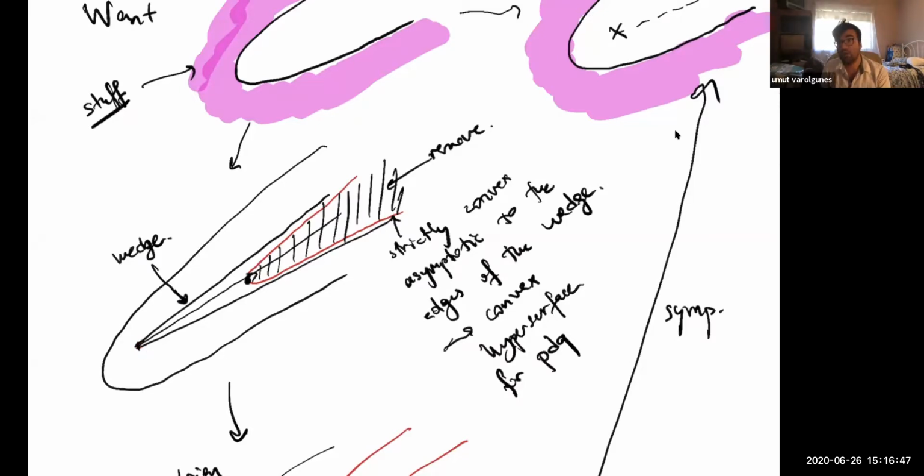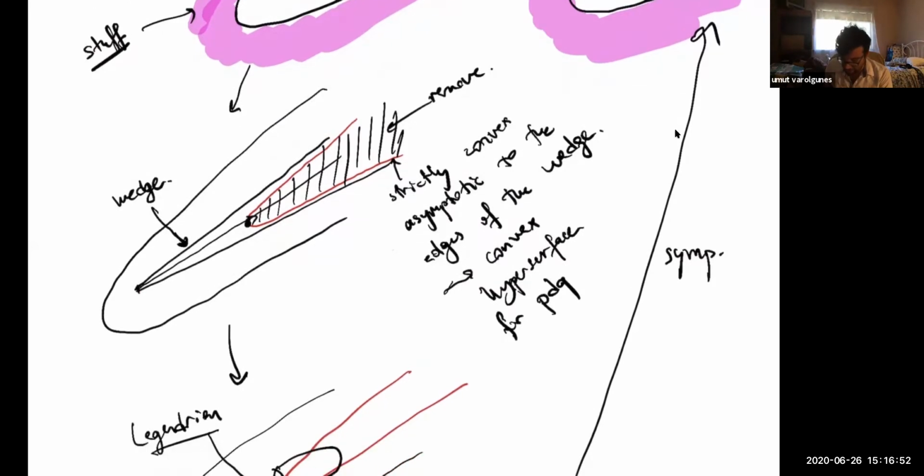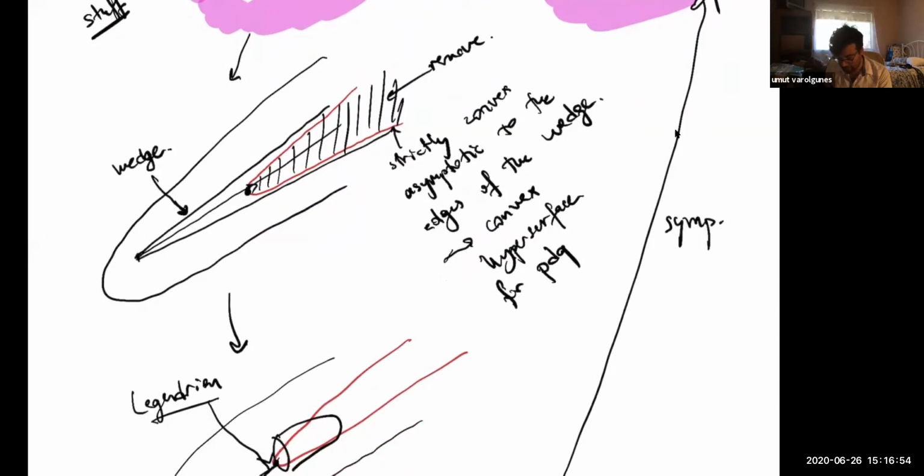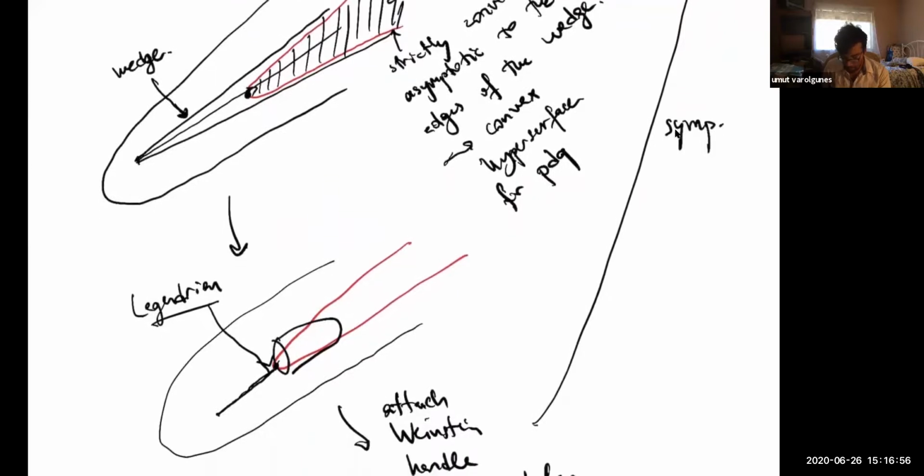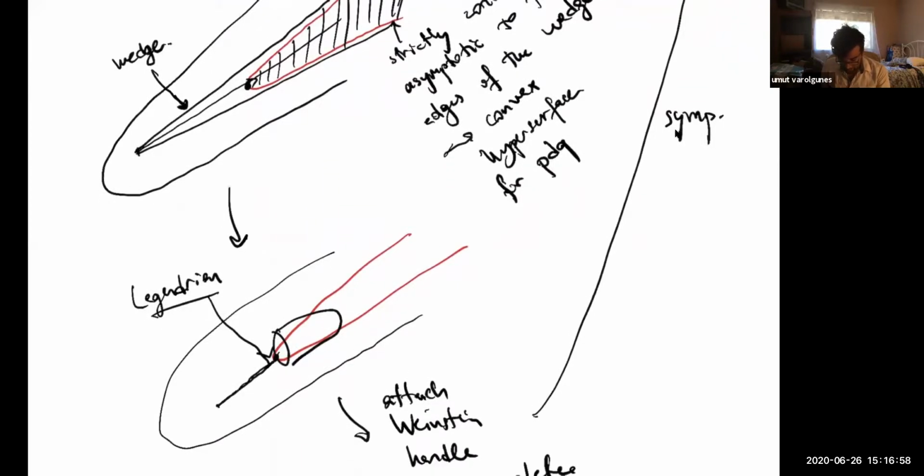Okay, so now I remove the interior of this red boundary, and then let's say that this red curve has a lowest point, and I draw a straight line, a Lagrangian, from the tip of the wedge to that lowest point.